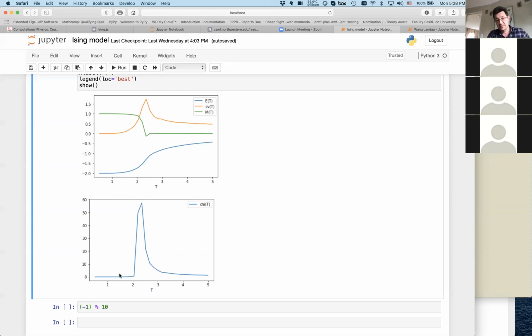So therefore, it looks like the specific heat is very small below Tc. But if we zoom in, we will see that it's not exactly 0. It also goes as 1 divided by T minus Tc, but with a much smaller prefactor. Okay, so that's the physics of this model.